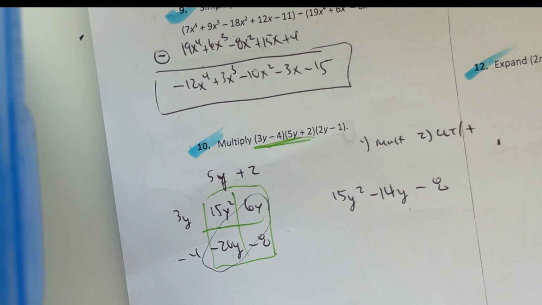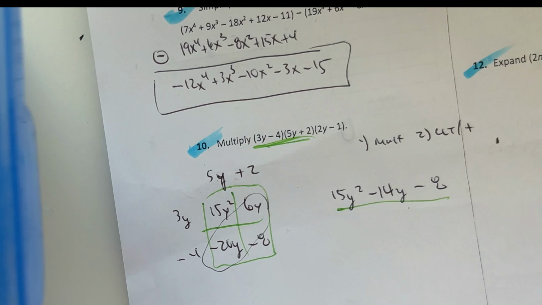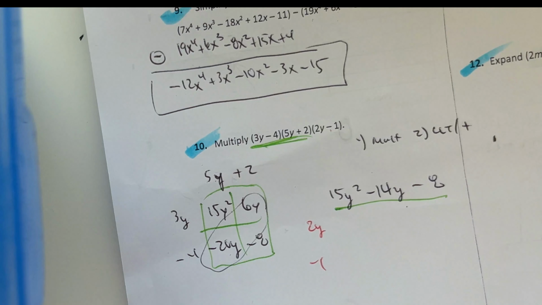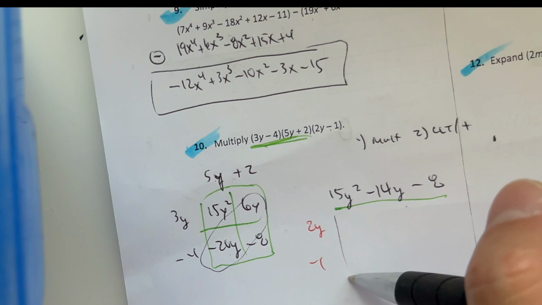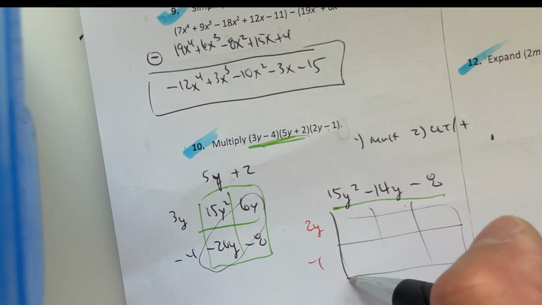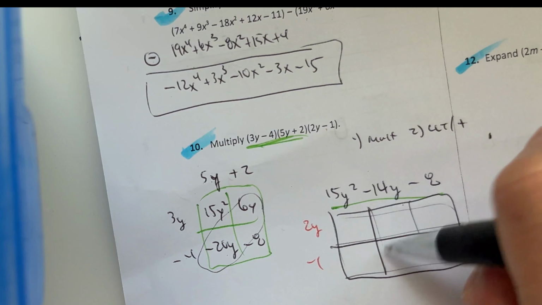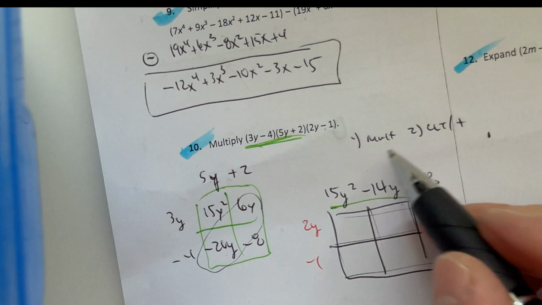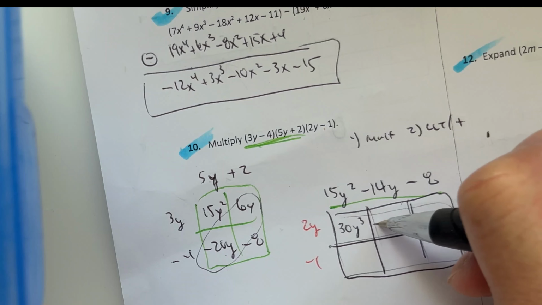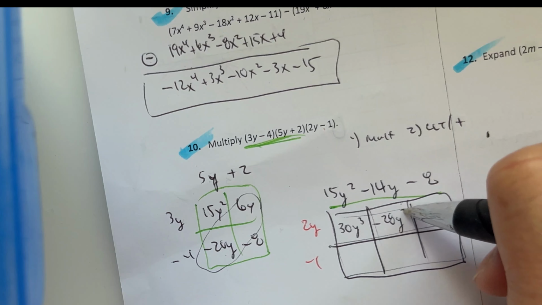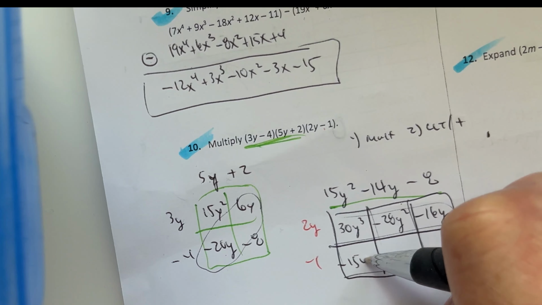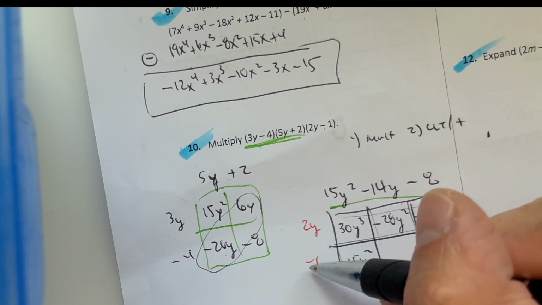Now the green, my answer is here. And now we're going to multiply it by 2y minus 1. So you should have just, we're going to multiply again and then combine like terms. 30y cubed minus 28y squared minus 16y minus 15y squared.